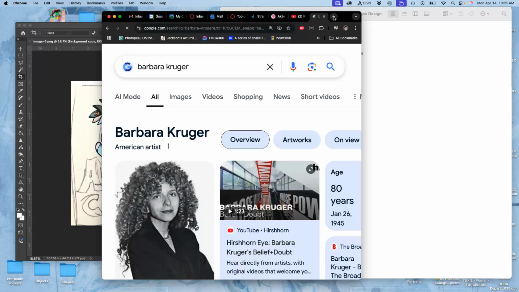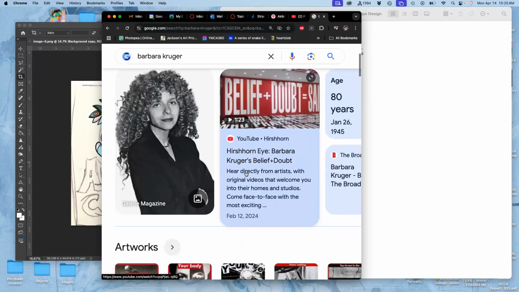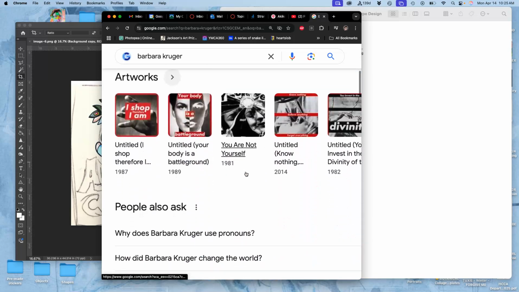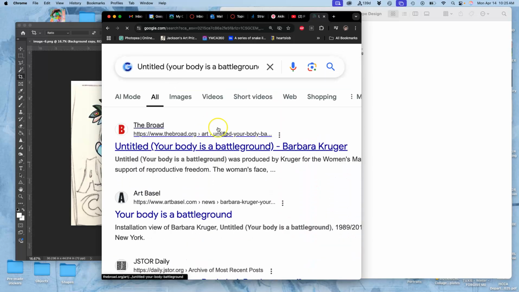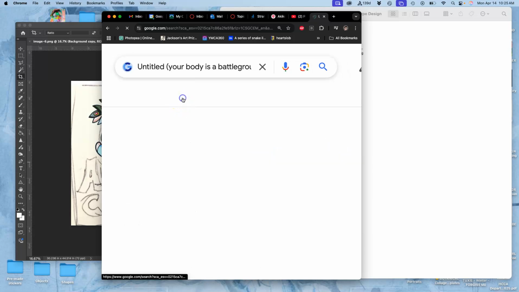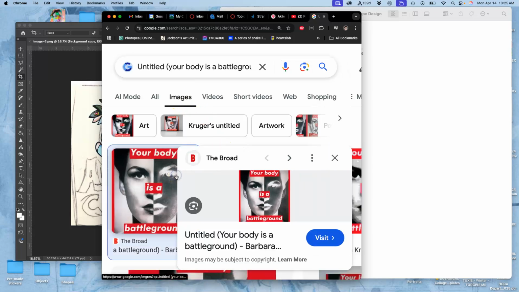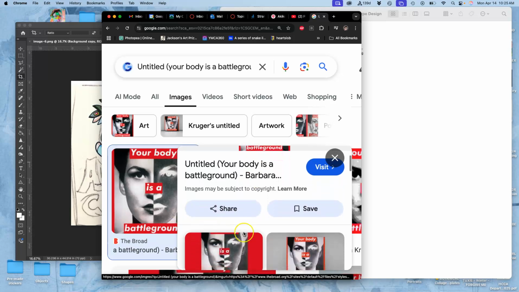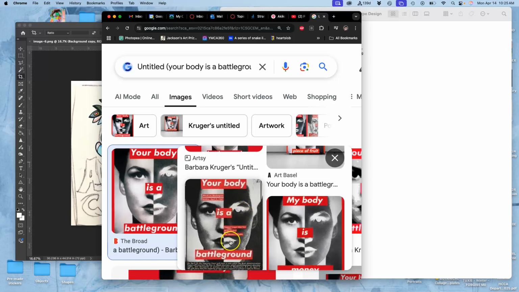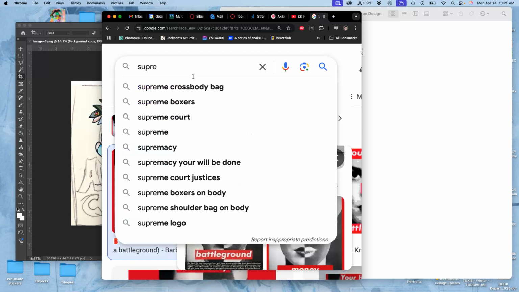who later got copied, so her work was in the 80s. This is her most famous piece. And she used Helvetica, but then customized and used it in her graphic design activist artwork. And then you might recognize it because her type design was copied without permission by the clothing brand Supreme.